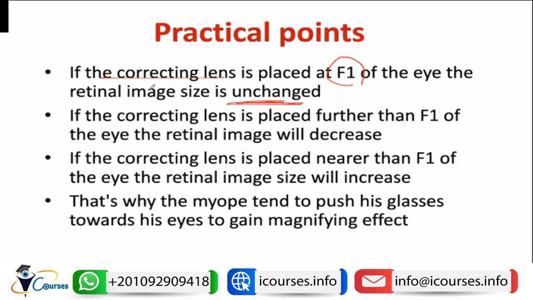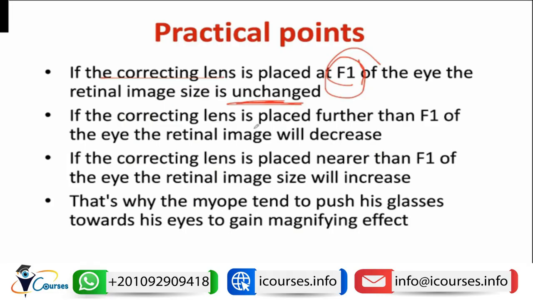We said that in case of uncorrected myopia, the retinal image size is larger than in emmetropia. But what happens if we correct it? If we correct the myopia by placing a spectacle at the F1 of the eye, which is 15 millimeters in front of the anterior corneal surface, the retinal image size is unchanged.